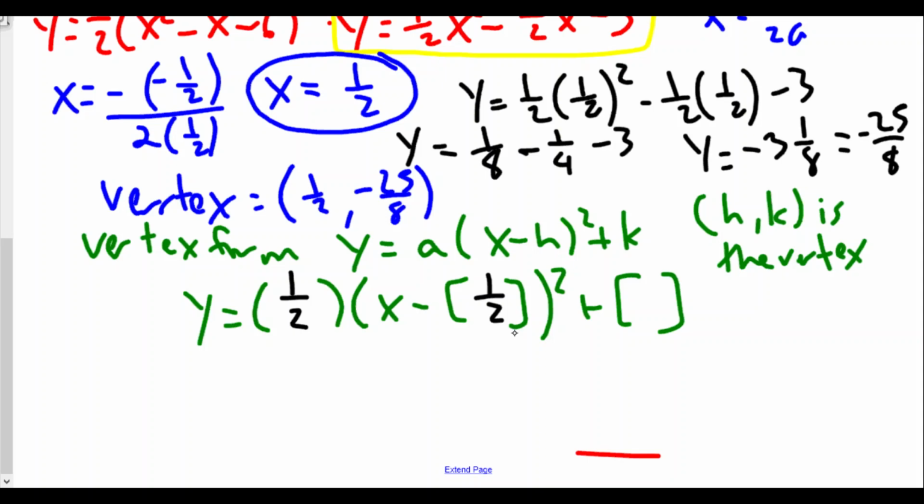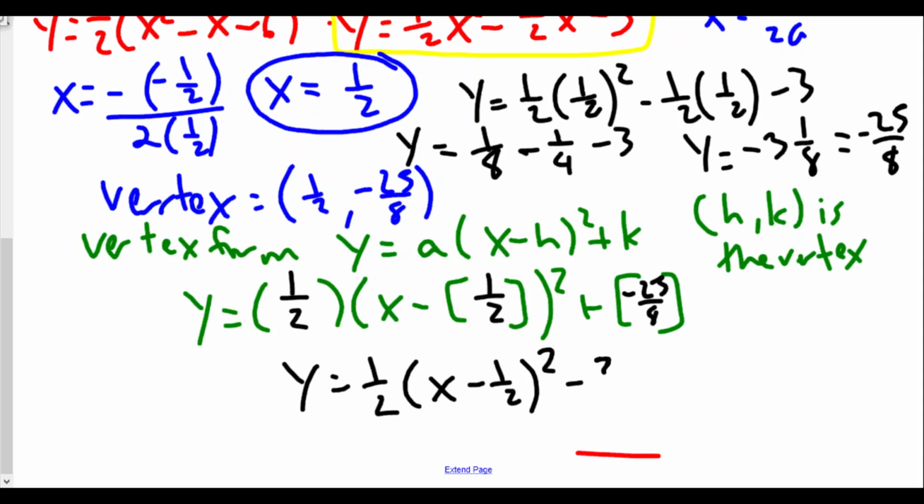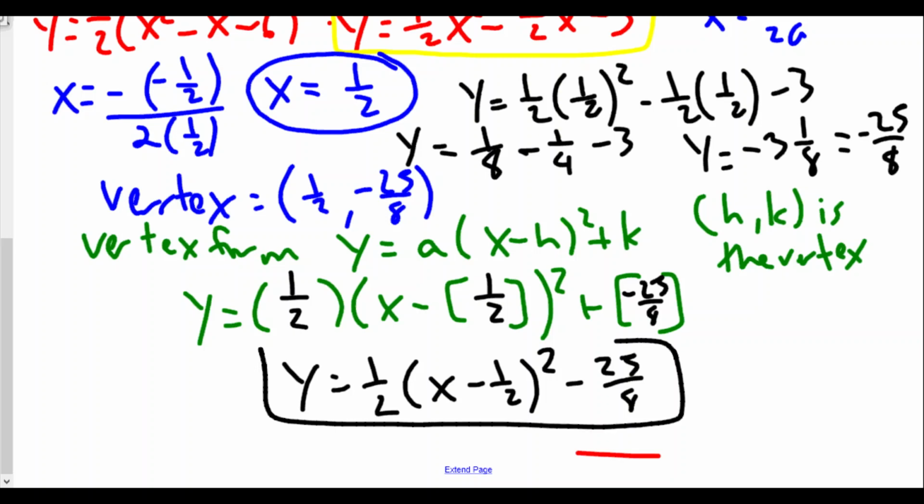And the k value is going to be, in this case, minus 25 over 8. So it really is y equals 1 half times (x minus 1 half) squared minus 25 over 8. Okay?